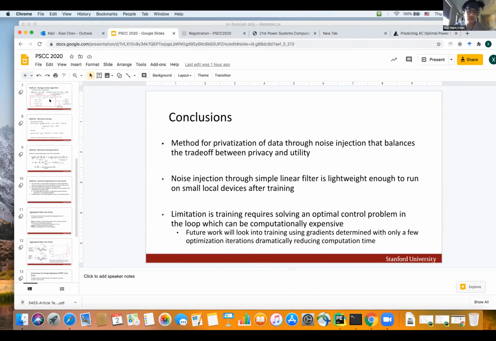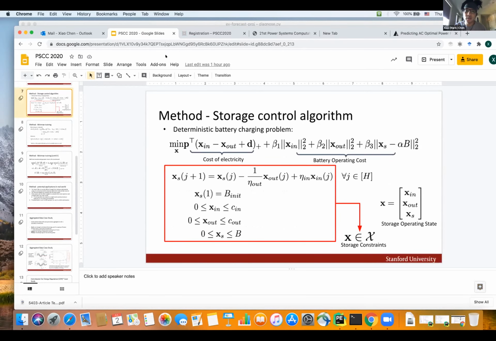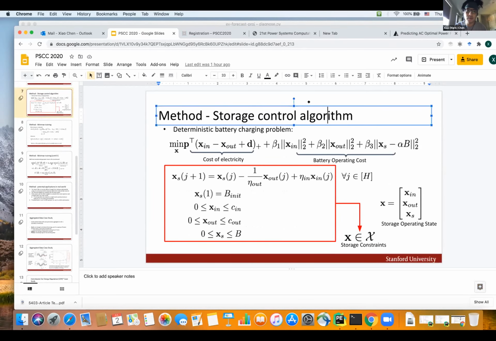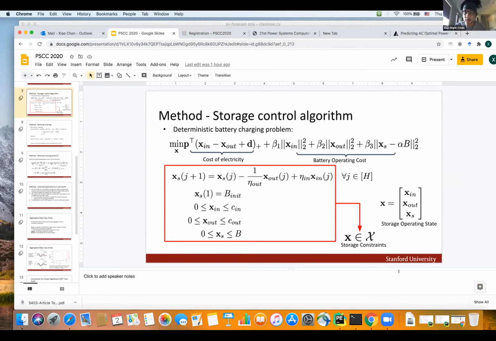But in this formulation, we added an L2 norm penalization, and from our observation, there are very rare cases where both X in and X out are non-zero. Either one of them is zero in the majority of cases.